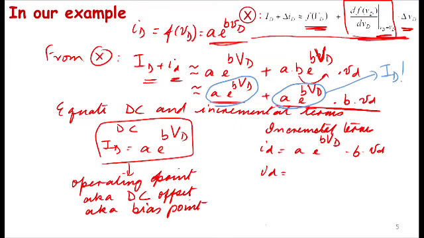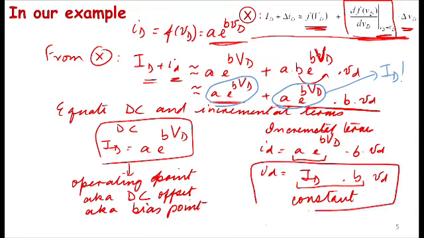So back to my circuit, back to my little signals here, I can replace this with the I_D, times B times v_d. So this whole thing is a constant, and then notice that this is my small signal response, i_d. So i_d is a small signal response to a small input v_d, and notice that it is linear.